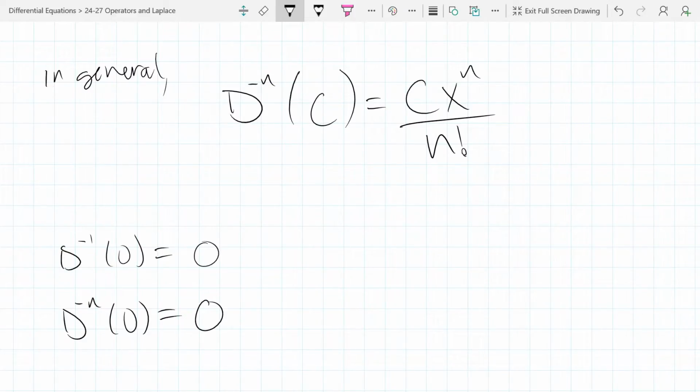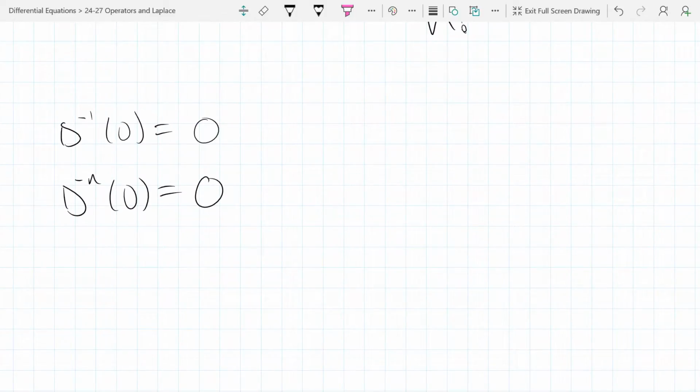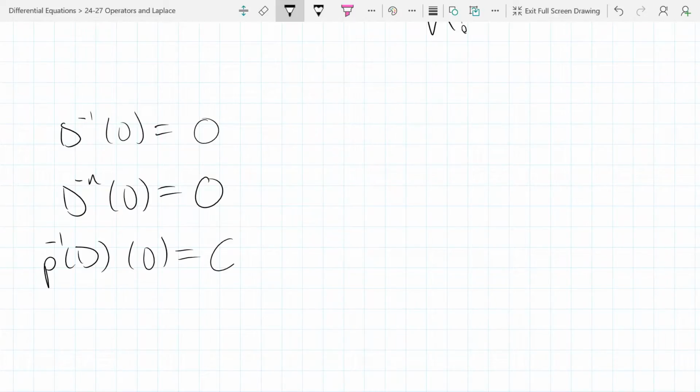So it would keep being 0. And if I had a polynomial inverse operator, P inverse of D of 0 would always give me 0. So all the operators would give me 0, add them up, and I would get 0.